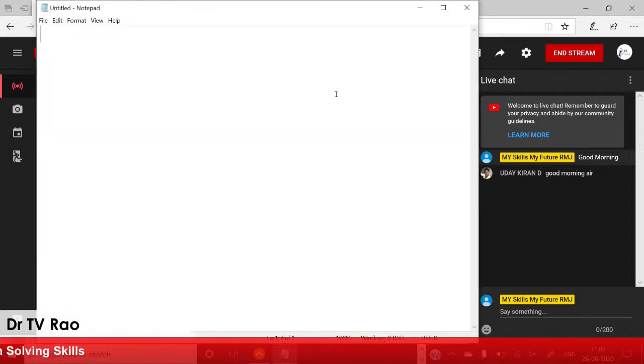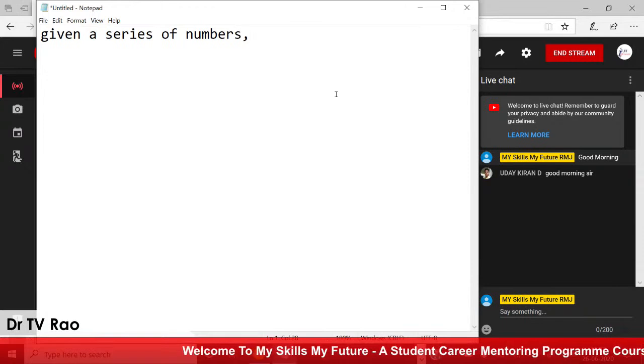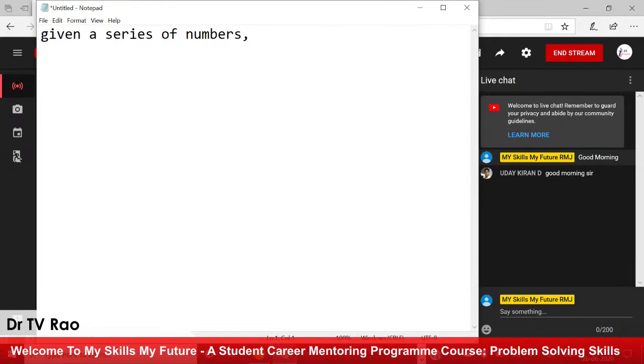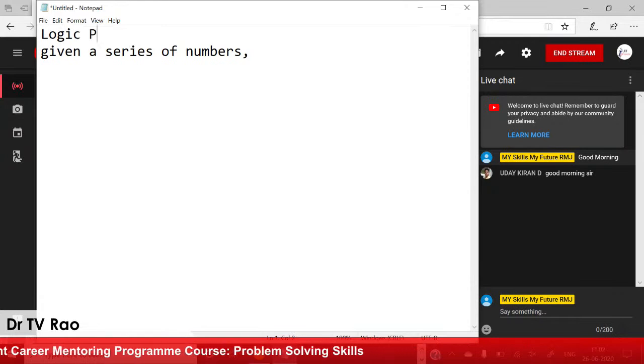Let us start the session with a simple problem. Actually, this problem is labeled as a logic pyramid problem in literature.